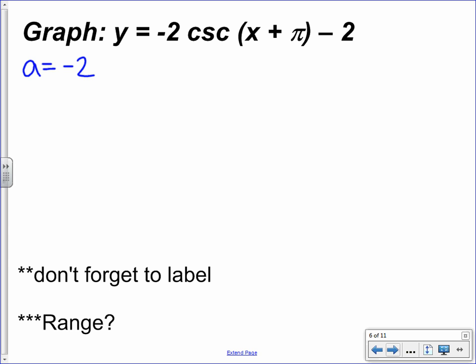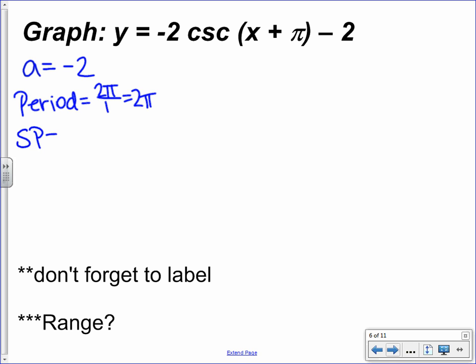Okay, well, A is -2, but when we think about the sine curve, we know that the sine would have amplitude 2. Okay? The period, what is the period? 2 pi divided by, what is B? 1. Okay, so our period is 2 pi.